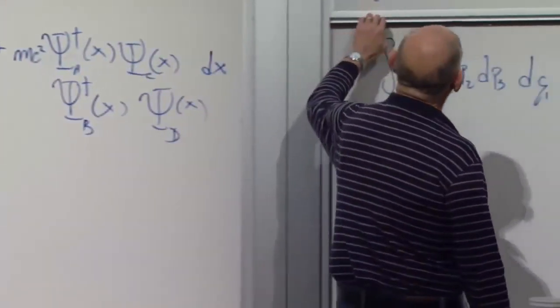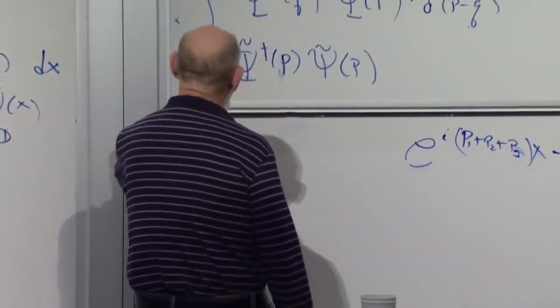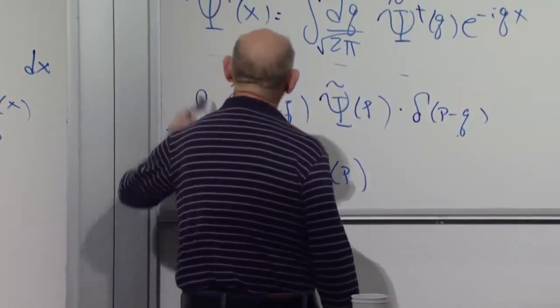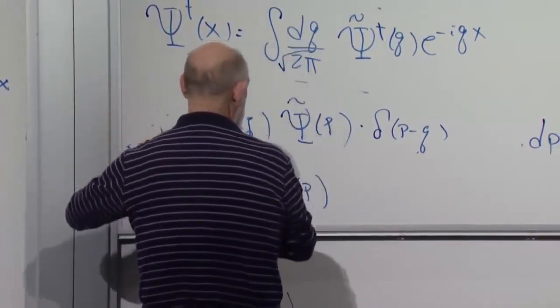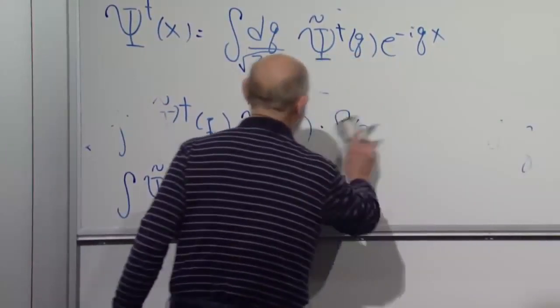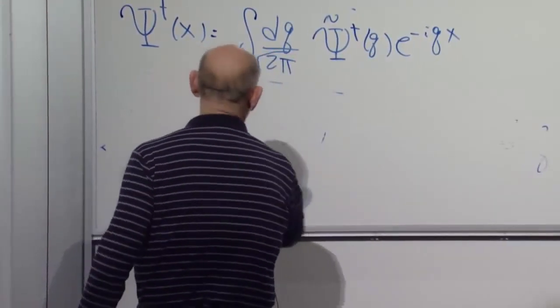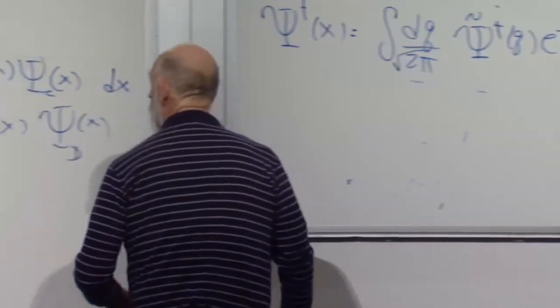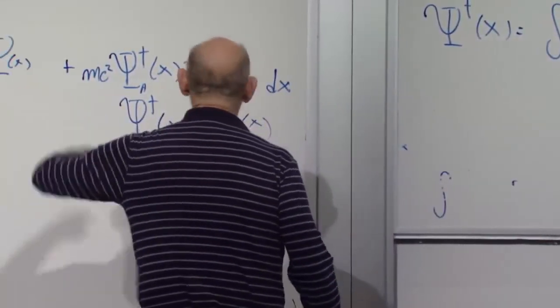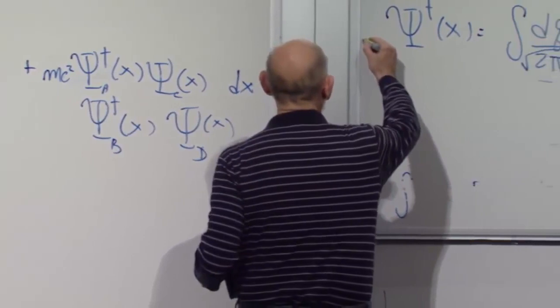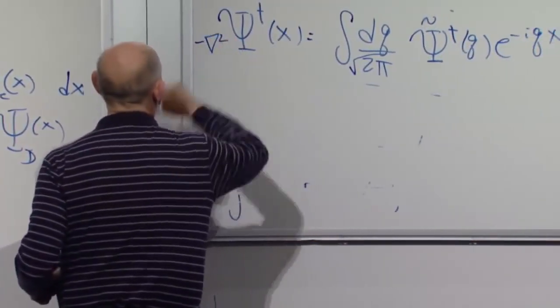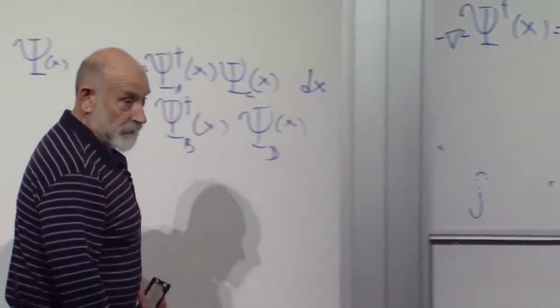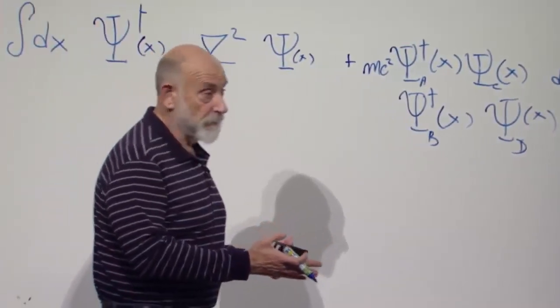Let's go back and ask what would happen to this calculation, the original one here, if we changed it by differentiating with minus del squared the psi dagger, before we multiply it with psi.